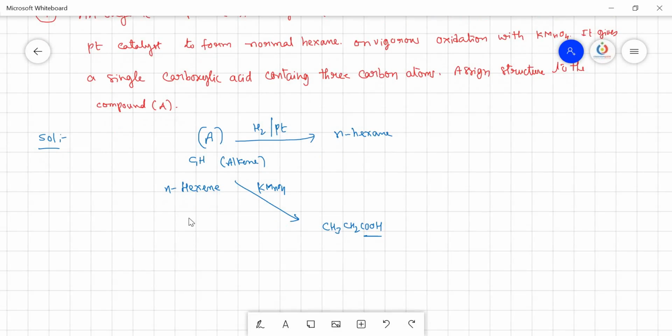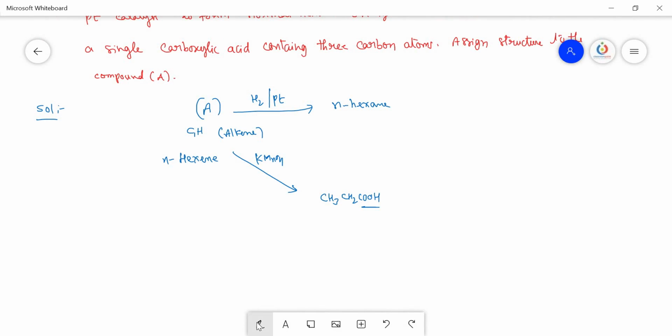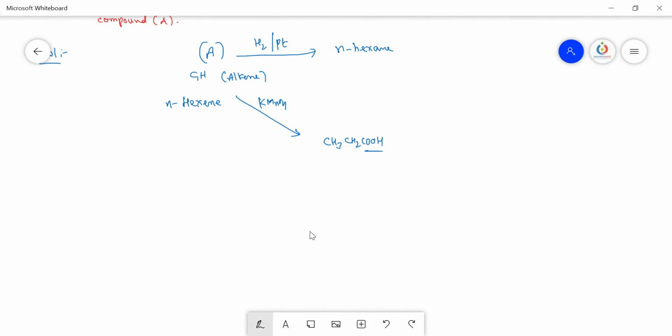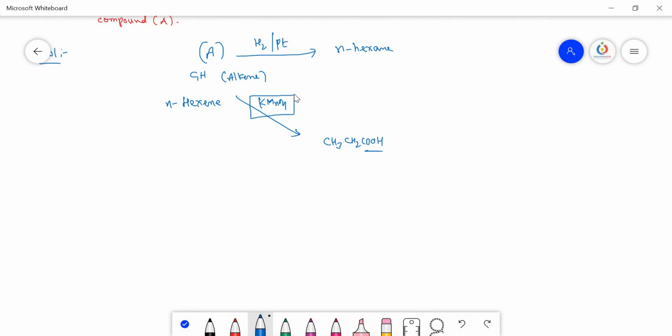So here we need to see that a carboxylic acid is formed, which means this KMnO4 has broken the carbon-carbon double bond. Wherever the carbon-carbon double bond is there, that double bond was broken by the KMnO4, and both of these carbon atoms are converted to their respective carboxylic acids.